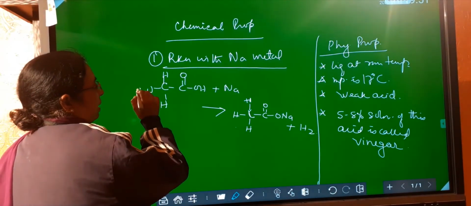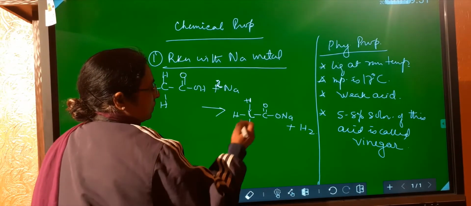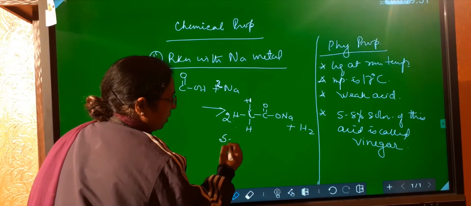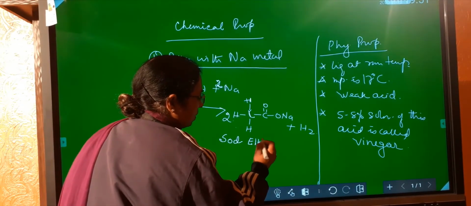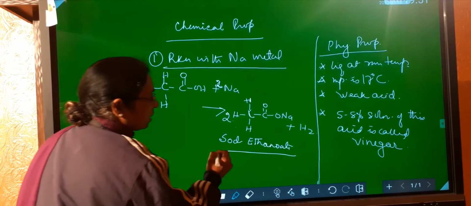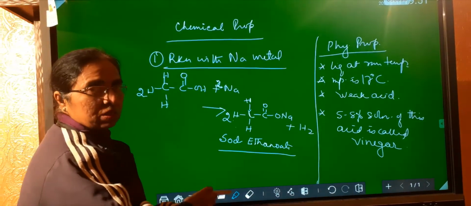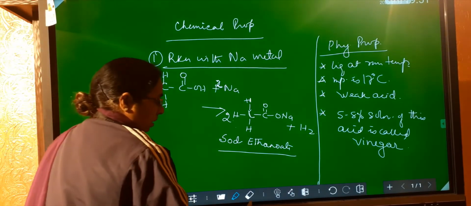Little bit if we balance over here, then this becomes 2 over here. The name will become sodium ethanoate. Alright, sodium ethanoate plus hydrogen is given out. Reaction with sodium metal.